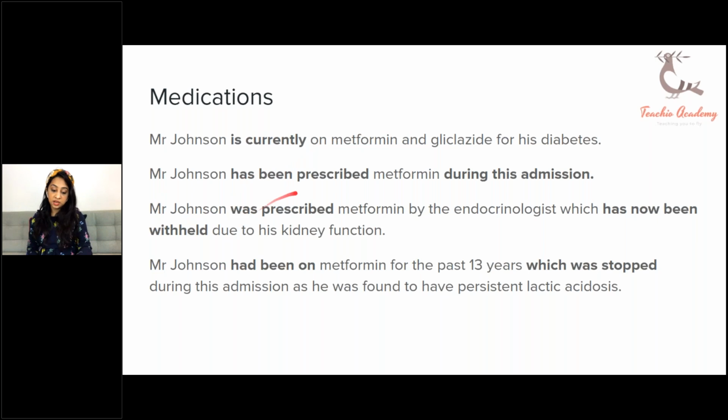All right. So instead of prescribed, you can write Mr. Johnson has had an increase in metformin during this admission.